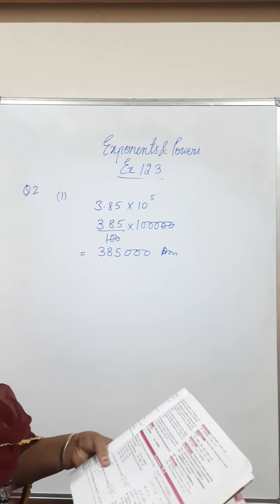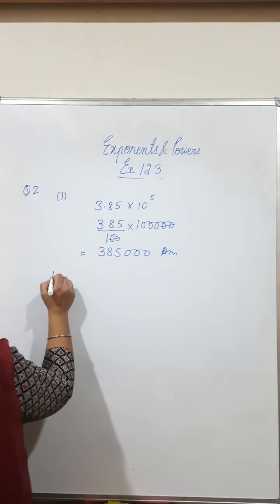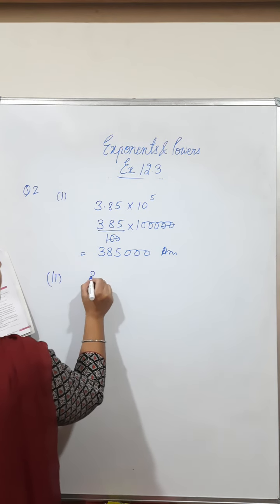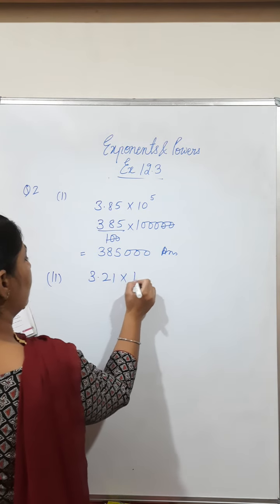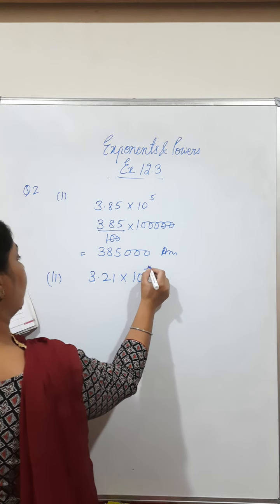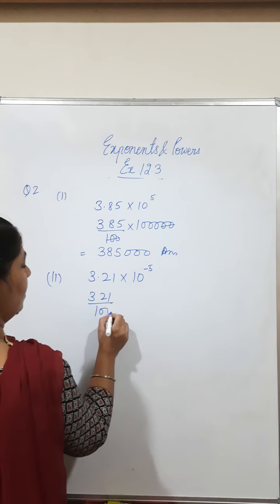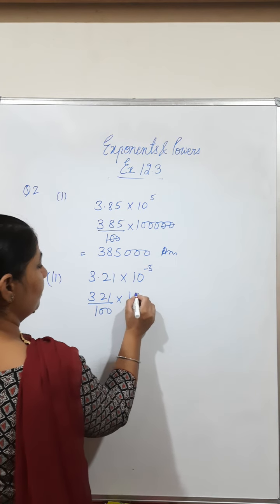Hope you are clear. If it is negative, say for example I am taking the second part, it is 3.21 into 10 raised to power minus 5. So 3.21 means 321 over 100 into 10 raised to power minus 5.